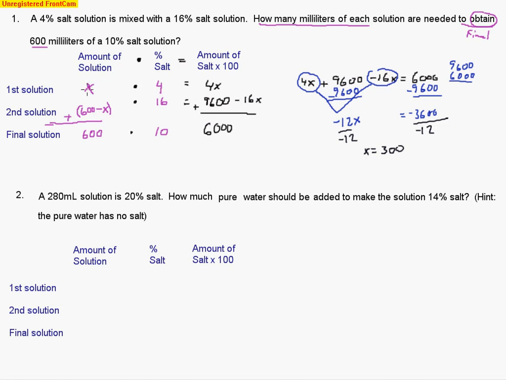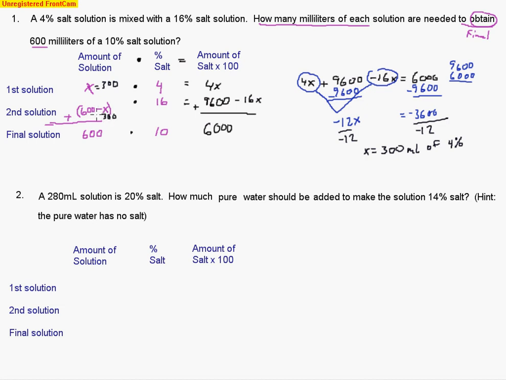The x is the first solution, that's 4%. So we had milliliters here, so I'll just put mL for milliliters, of the 4% salt solution. And we go ahead and do the work here to find out how much of the 16%. Well, all we're going to do, again, this is the 300, so we just need to do 600 minus 300.